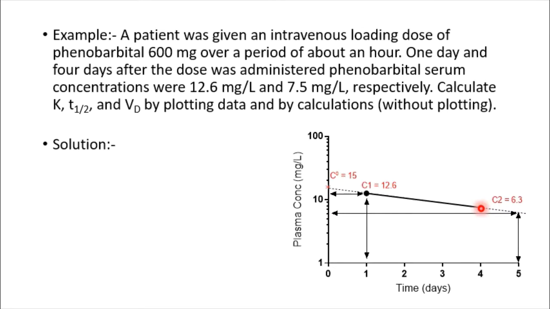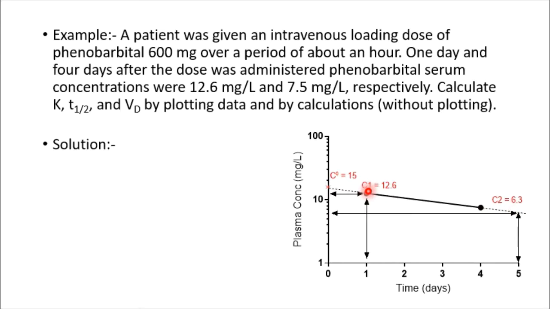We draw a straight line between these 2 points because we have used semilog paper, and the plasma concentration time curve on semilog paper, if it follows a one compartment model, should be a straight line. Then we have a straight line here.